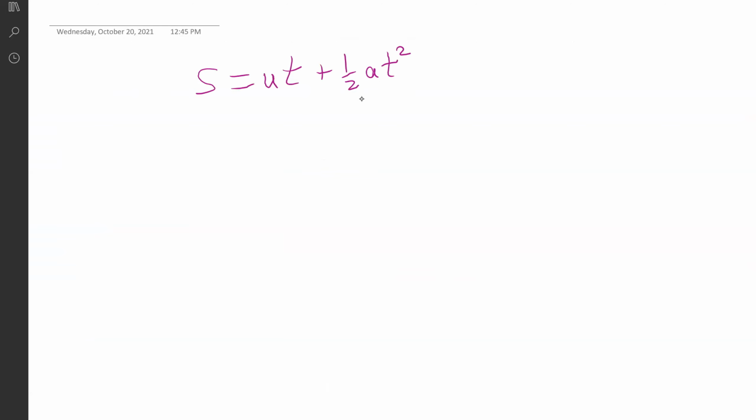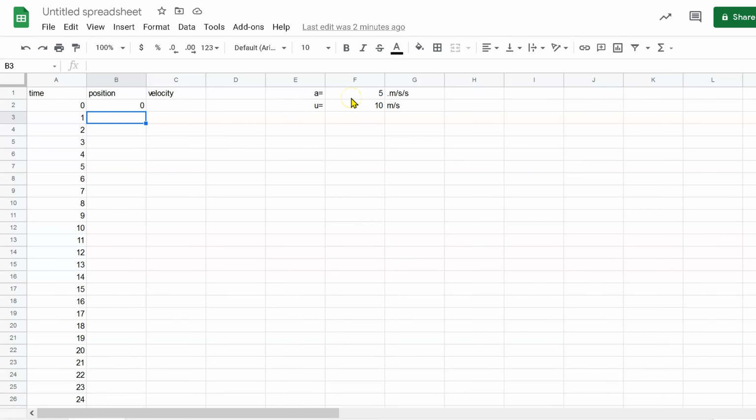So how do we type in u times t plus 1/2 times a times t squared in the spreadsheet? Type in equal sign. U is over here in F2, but I don't want F2 to change when I go to drag this formula down and fill in the rest of the position numbers. So you put money signs in front, and it'll always point to F2 if you do that.